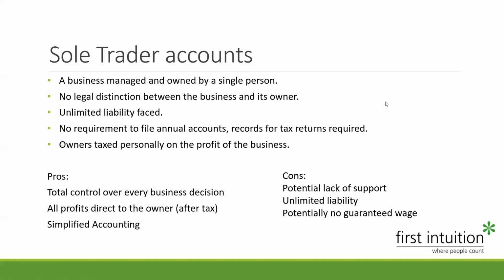We're not being restricted by formats. You will see, especially when you get onto level 4 and we're looking at financial statements and limited companies, the international accounting standards are very, very strict. The sole traders have not unlimited anonymity from that, but we have a little bit more flexibility.